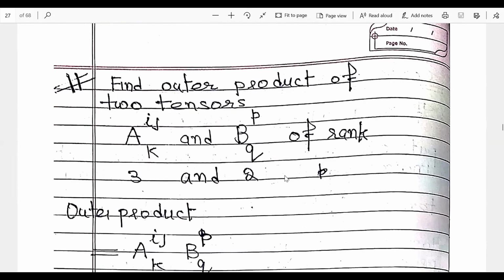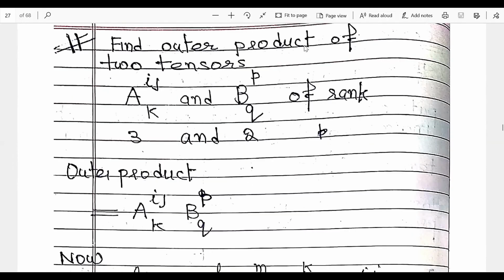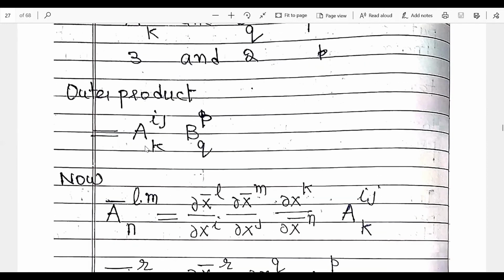For example, find the outer product of two tensors. This is A^{ij}_k and this is B^p_q. So its order is 3, its order is 2. Here 2 contravariant, 1 covariant; here 1 contravariant, 1 covariant. Outer product is simple multiplication, A^{ij}_k B^p_q.